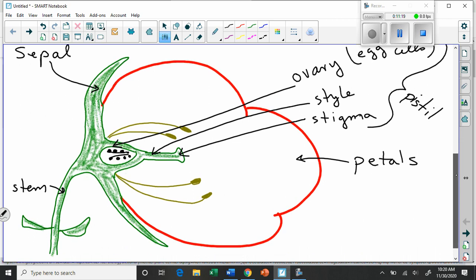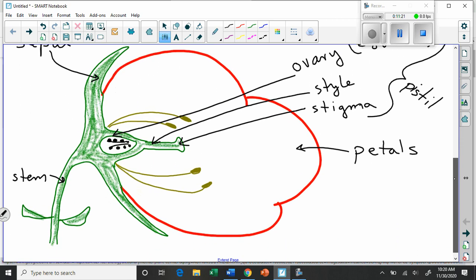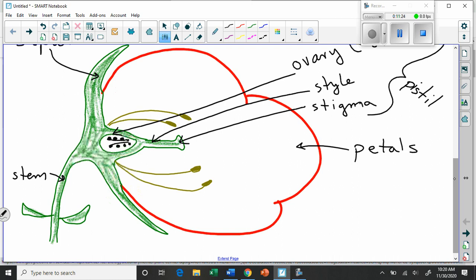And then down below, we'll label the other structures, these little long filamenty things. Well, there's the top part, which is called the anther, and the long little tip or stem that it's on is called the filament, because it's like a little filament.